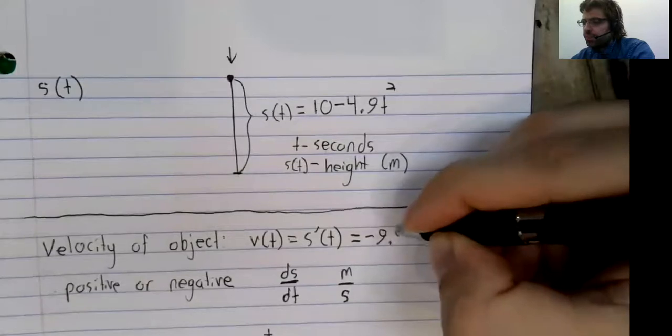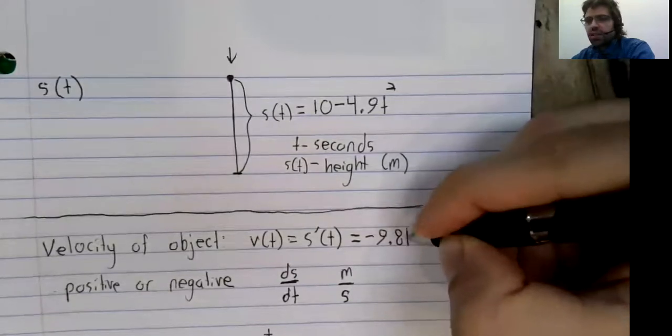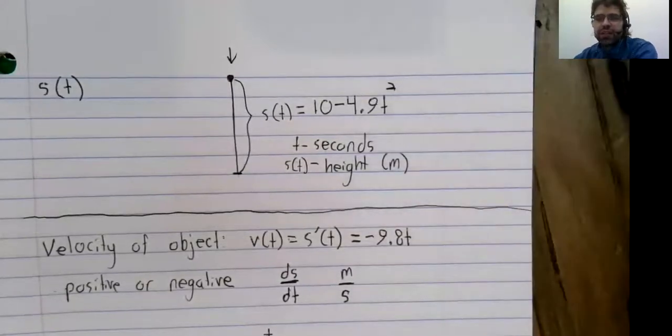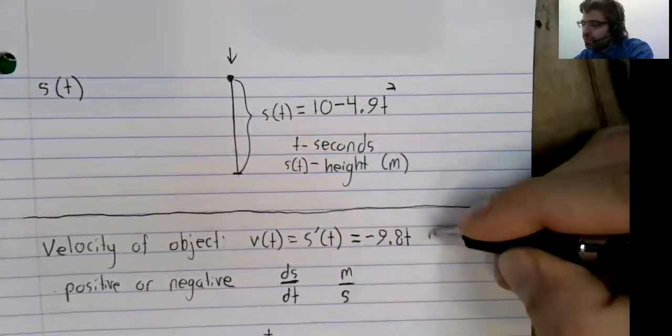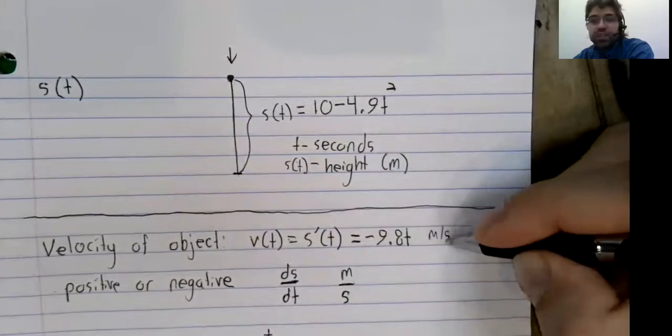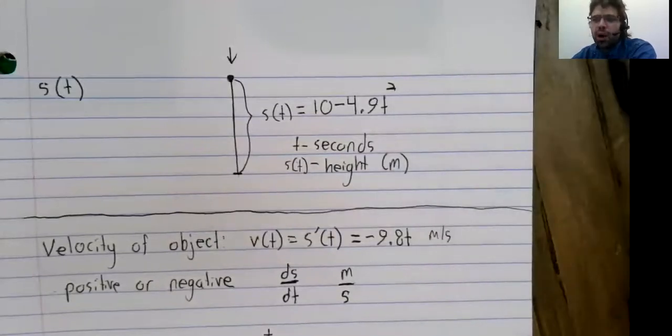And if we take this derivative, we find that the velocity is negative 9.8 t meters per second. So yes, for any positive time, this velocity is negative.